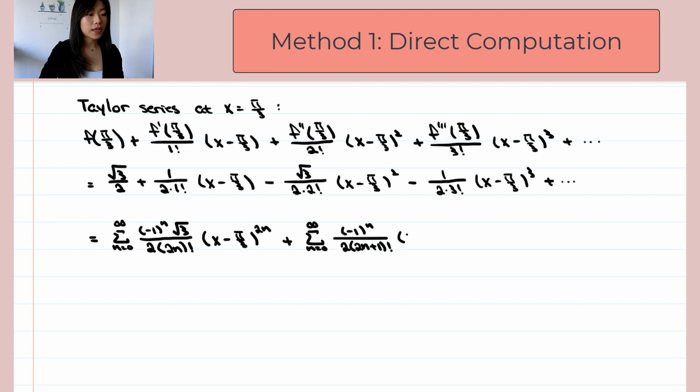Then times x minus a to the power of odd numbers, 2n plus 1. So this is the Taylor series for sine of x centered at x equals pi over 3. You can also use Taylor's inequality to show that the function equals this Taylor series.